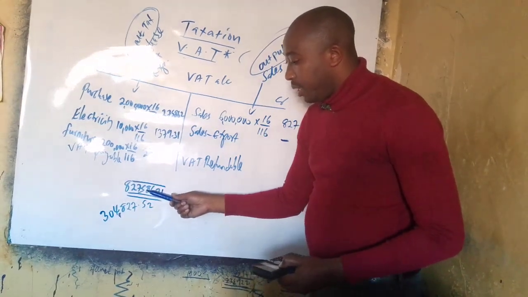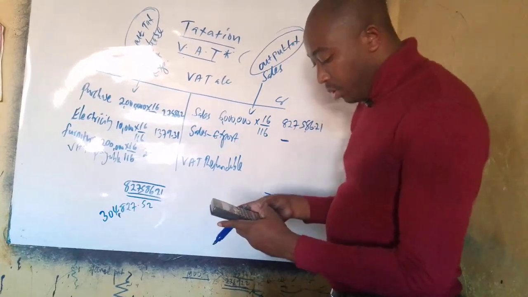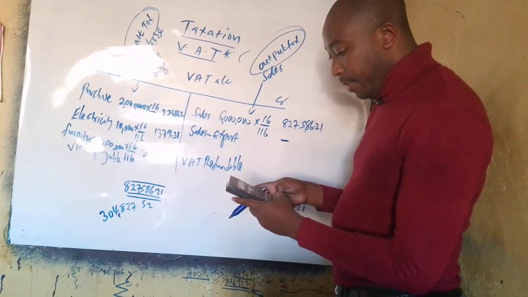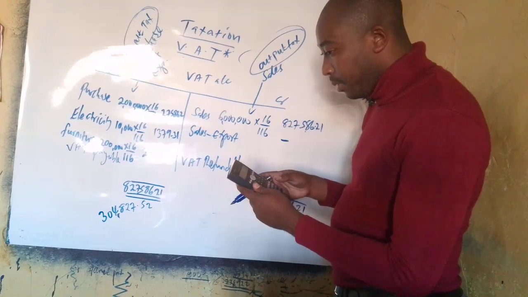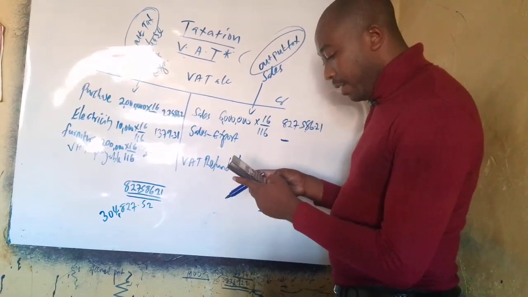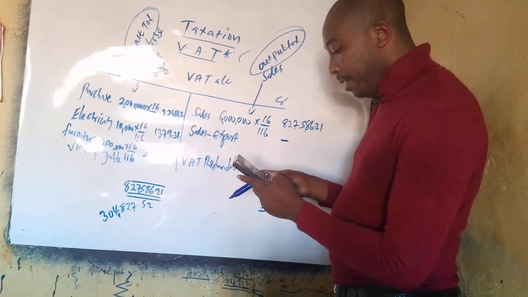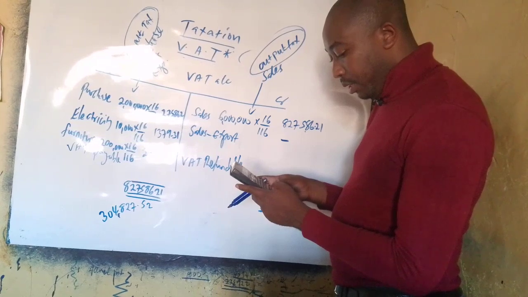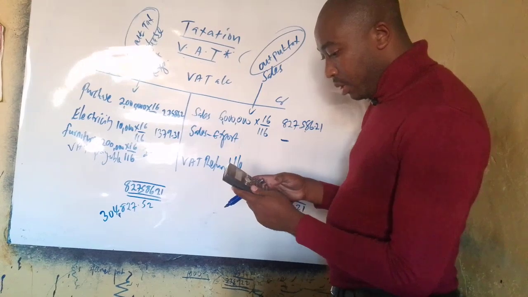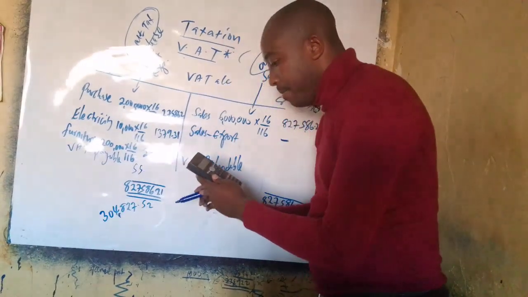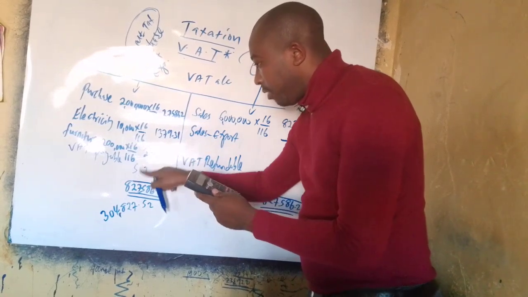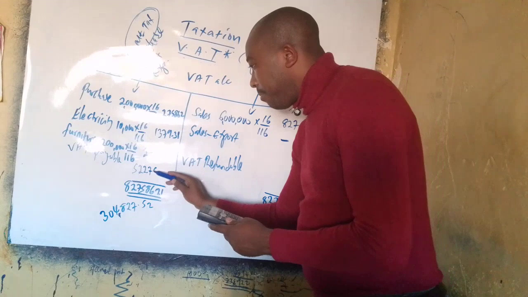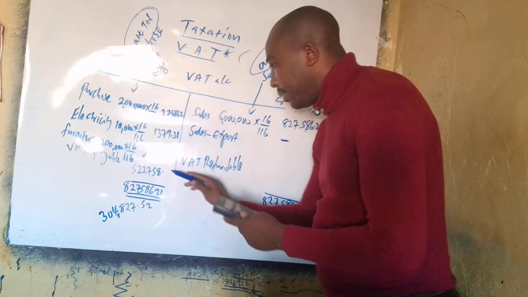We get the difference between this high amount and this. 827,586.21 minus 304,827.52, I'm getting 522,758.69.